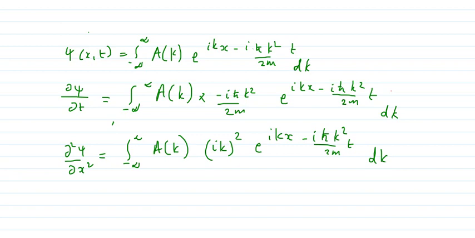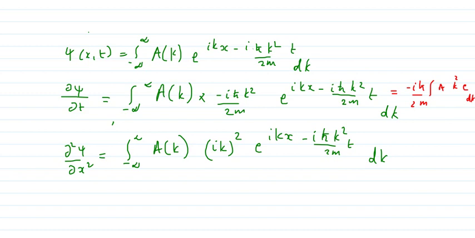So I'll write it. This is equal to minus i h cut by 2m into integral a of k square exponential dk.